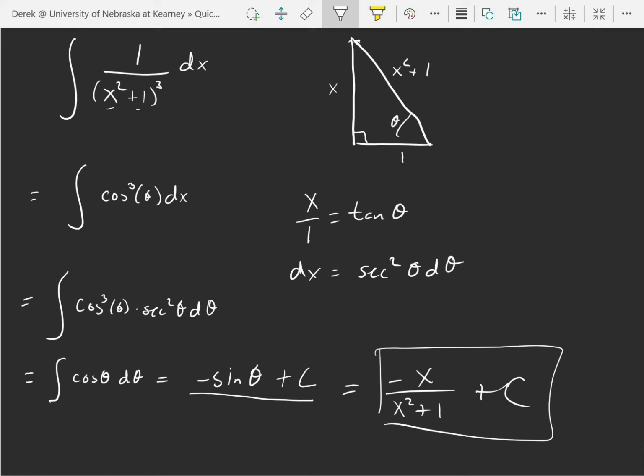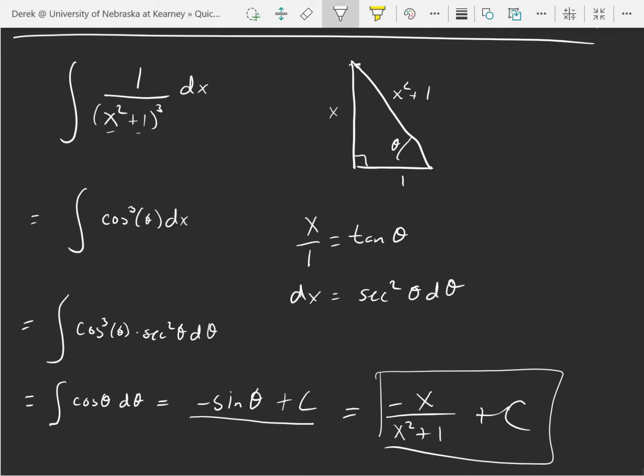And how regular substitutions work. Let me say one more thing. When you're doing these substitutions, you get relationships between two variables that you're trying to switch between, right? I'm trying to switch from an x to a theta, right? So I need some relationships between x and theta so that I can switch between them using those equations.